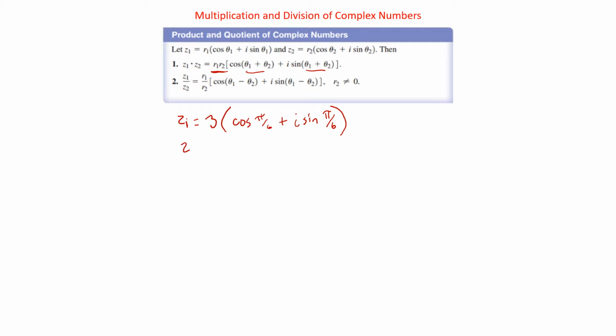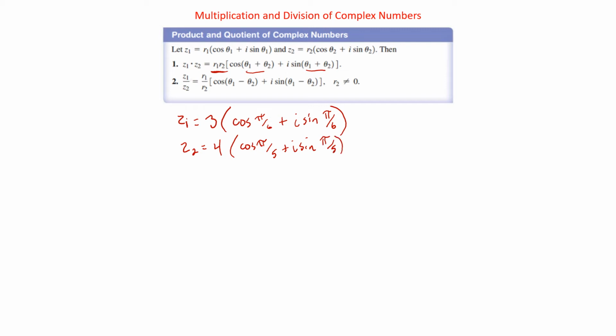And z2 is 4 cosine of pi over, no, I don't want pi over 6, let's go pi over 5. Why not? Plus i sine pi over 5.